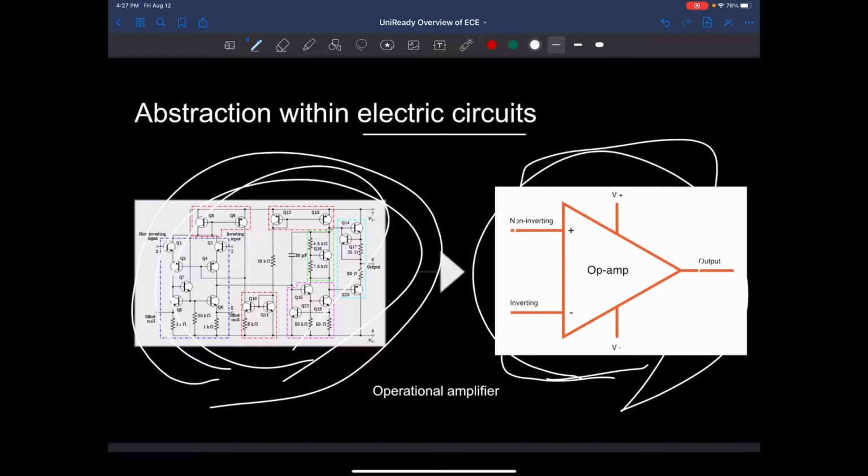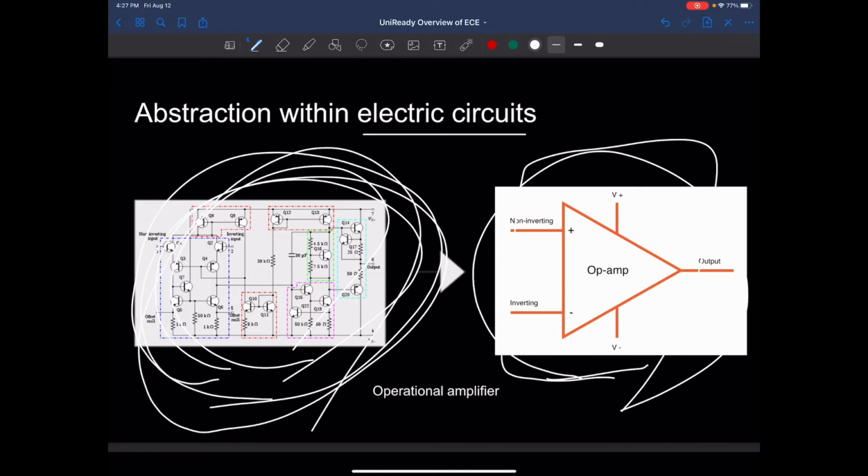That's because electric circuits make use of components that are made up of smaller components, and you don't want to draw this every single time you want to use this component. This is called an operational amplifier, and they are used quite a lot in everyday circuits.